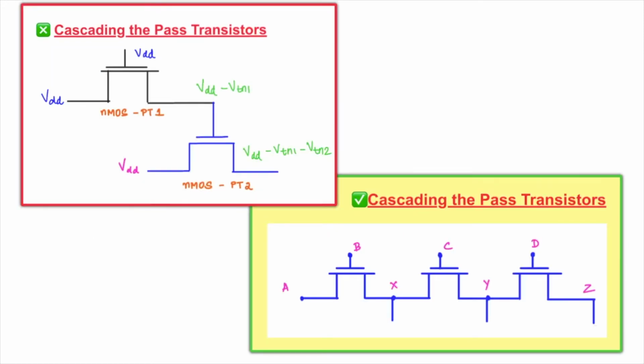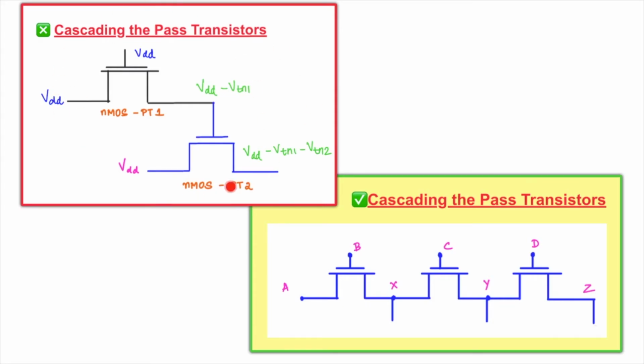In the first part of the video, we understood the correct approach of cascading the pass transistors. Before that, we also saw the wrong approach of cascading pass transistors and the problem incurred. Let me give a quick recap. This is the wrong approach.